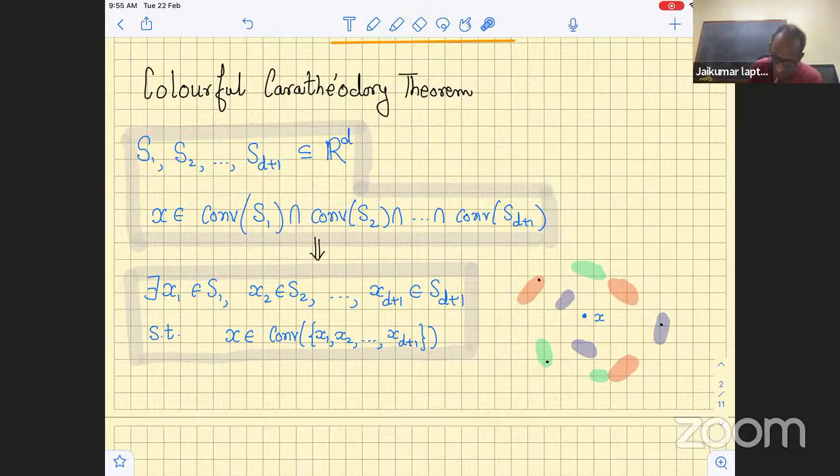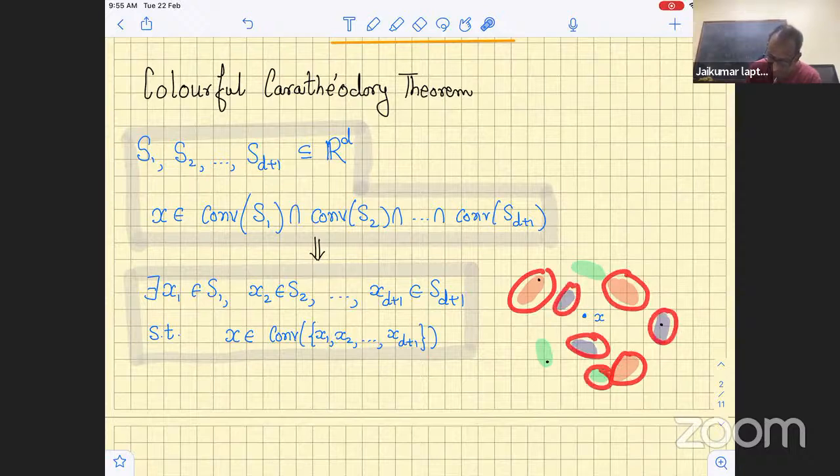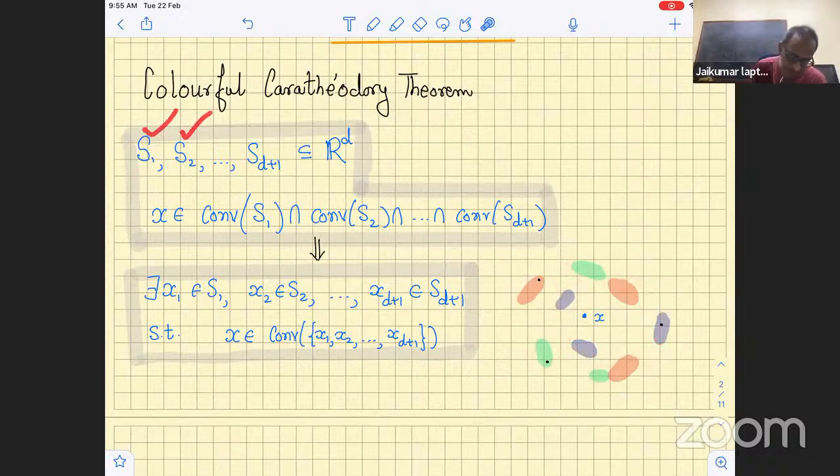These were the various colors. The red points, the blue points, and the green points. The red points constitute one set, the blue points constitute one set, the green points constitute another set. We are in 2 dimensions here, but in d dimensions, there are d+1 such sets. And if you take the convex hull of the red points and the convex hull of the blue points and the convex hull of the green points, there is a point which is common to all of them.